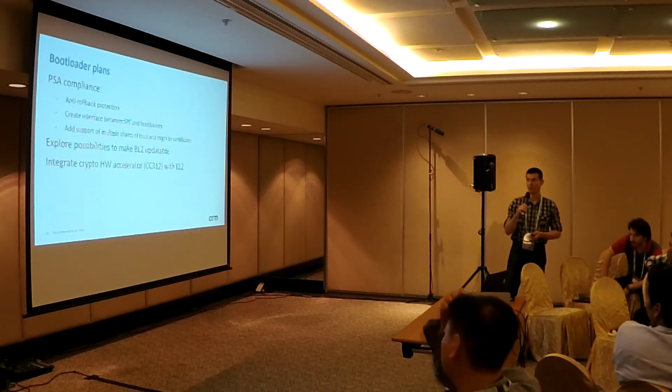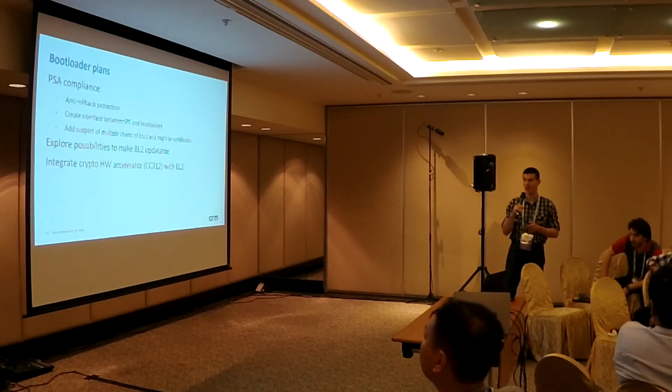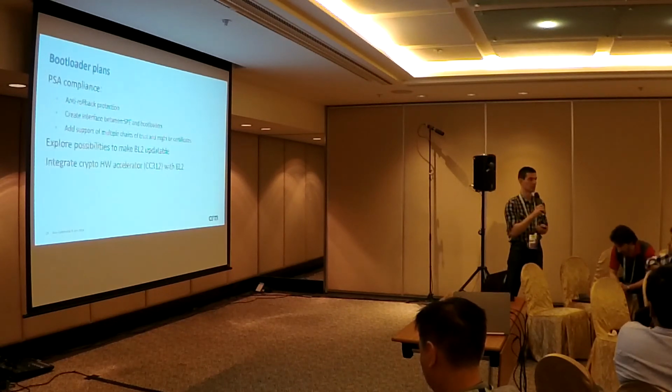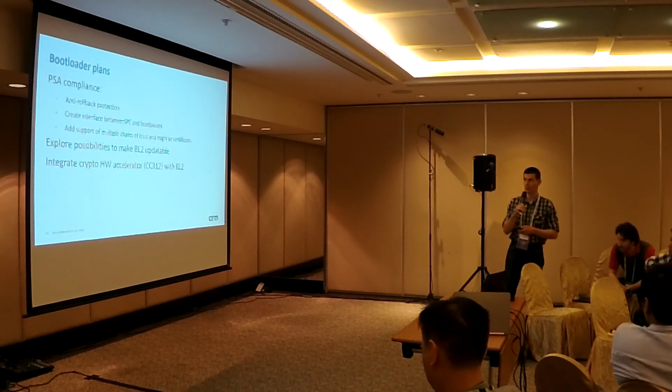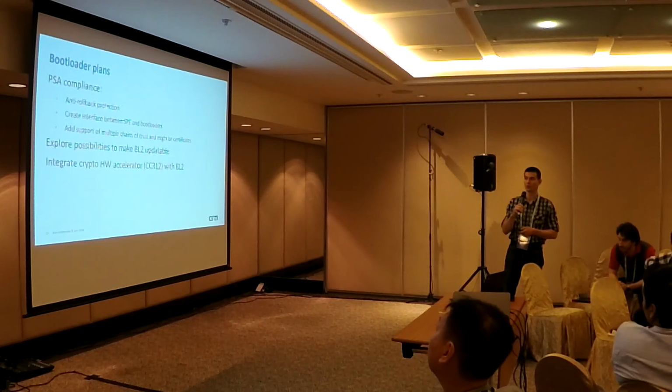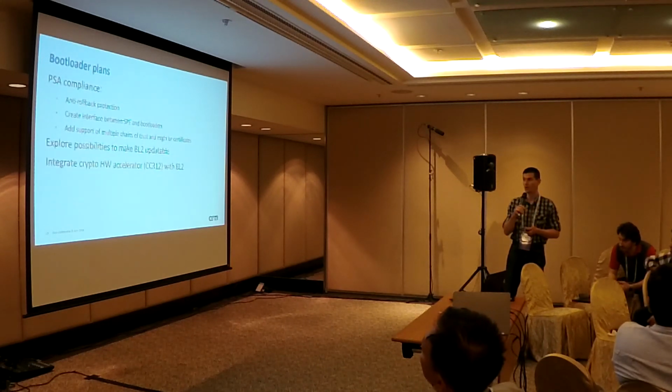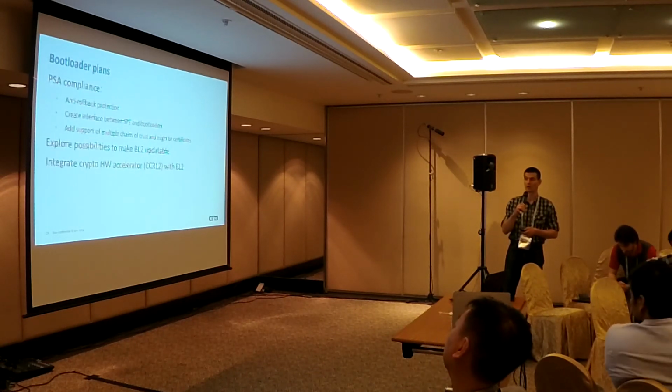These are the plans. They are quite aligned with the slide before, which was about the threats. So we want to support anti-rollback protection as part of the PSA compliance. We want to create an interface between the bootloader and the runtime firmware. This is needed for some features recommended by the PSA.